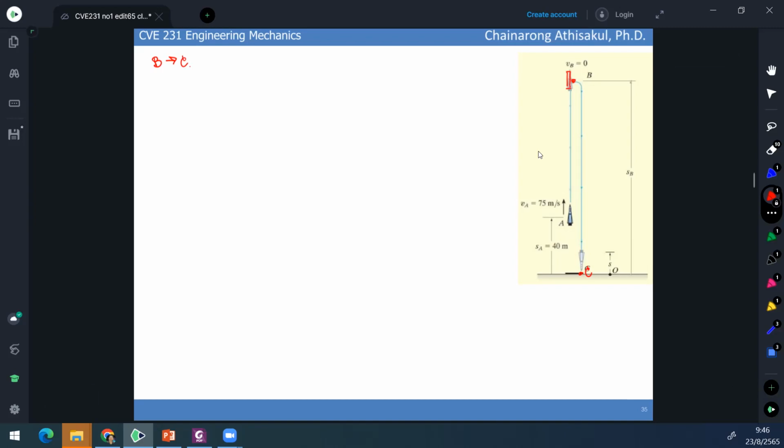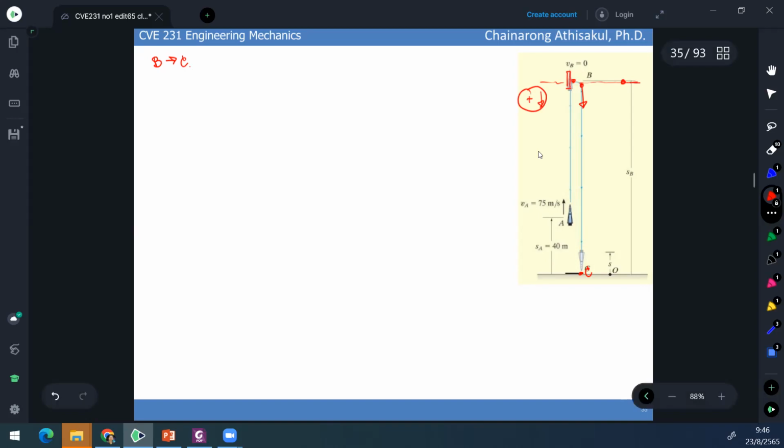At this moment, we may set up the initial point at point B, as the starting point. At point B, the rocket tends to go down, so we set up down as positive.